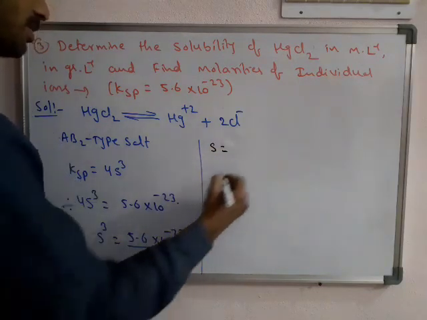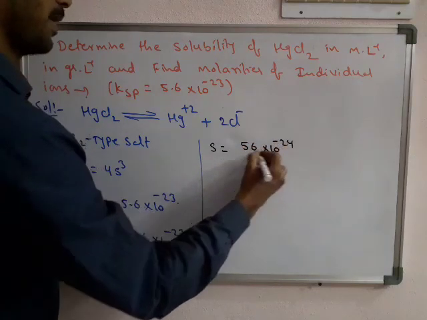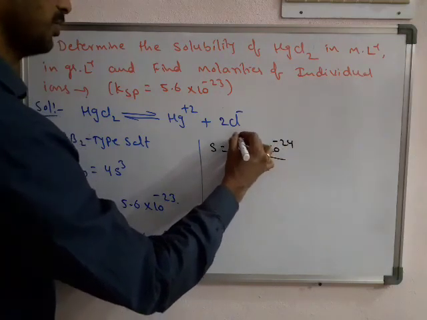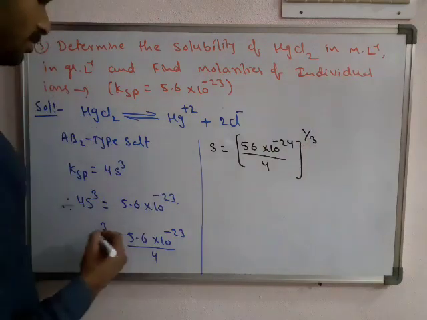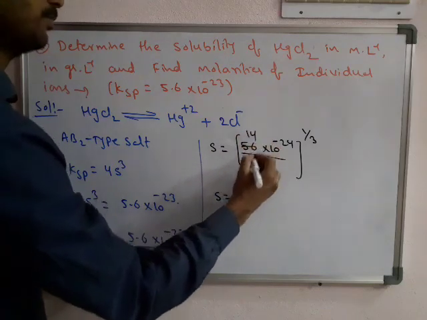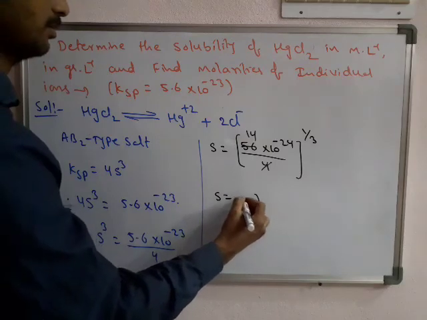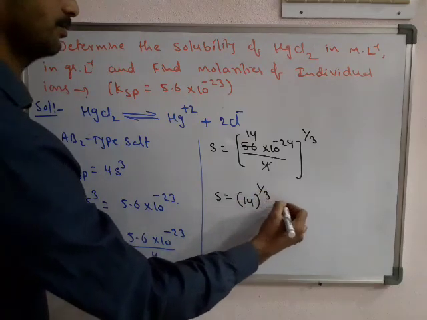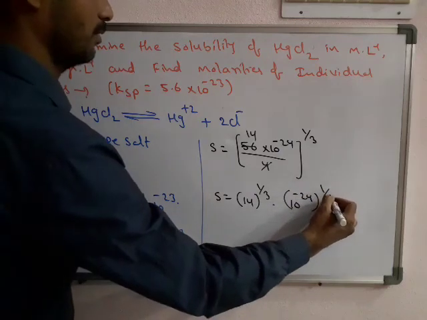So the 5.6, we write as 56 into 10 power minus 24, divided by 4. The cube root in total becomes power 1 by 3. So s equals 14 whole power 1 by 3 and 10 power minus 24 whole power 1 by 3.